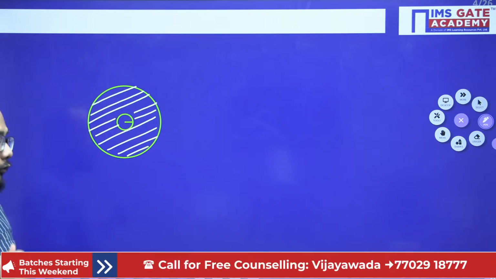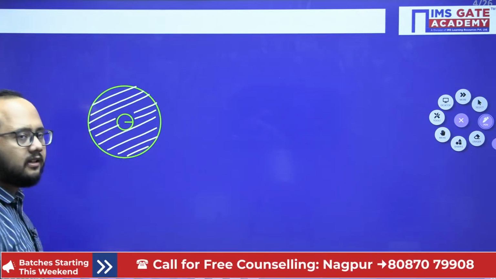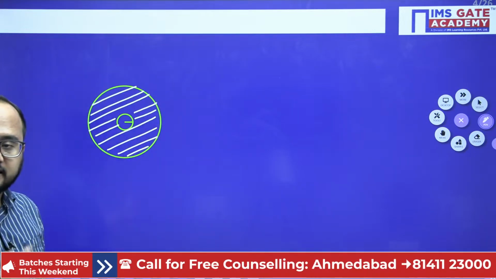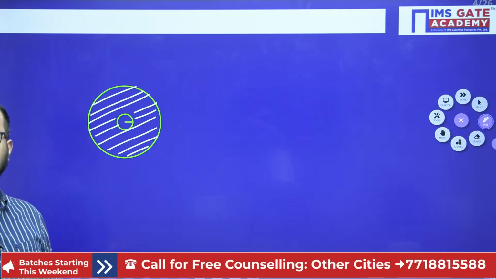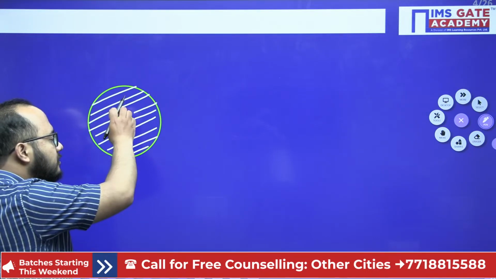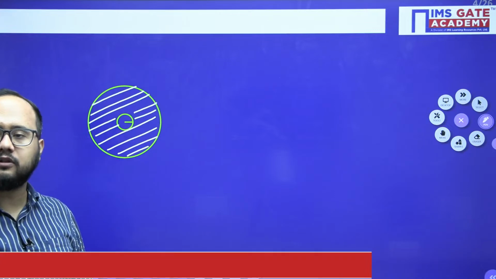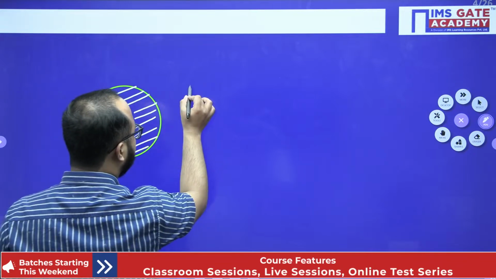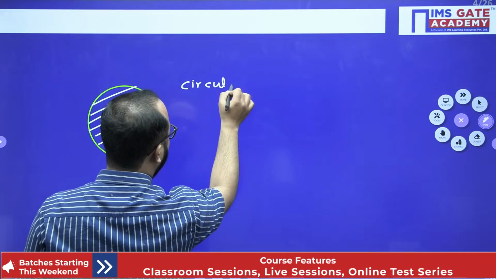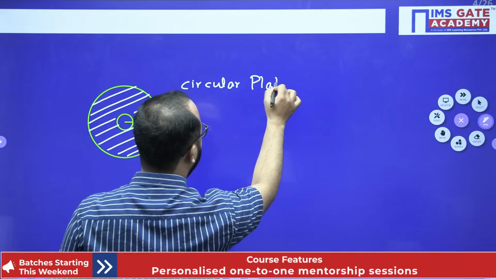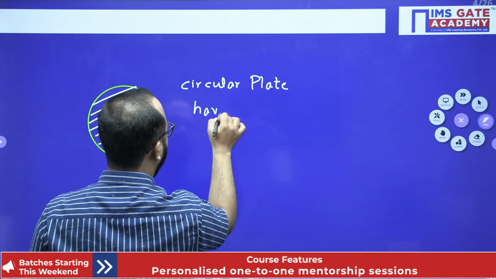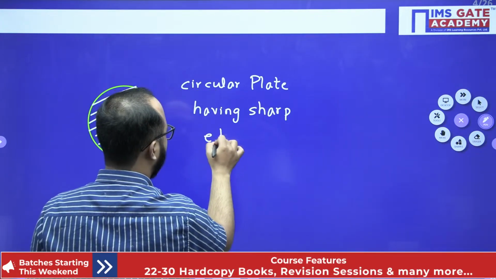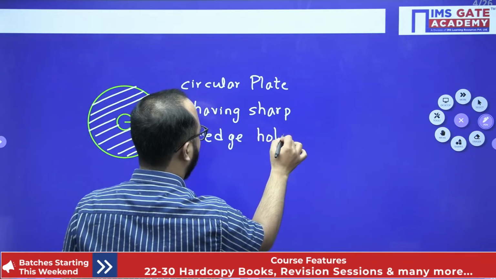The fluid coming out of this circular orifice will obviously look circular in shape. So what we have is a circular plate with a sharp edge hole.